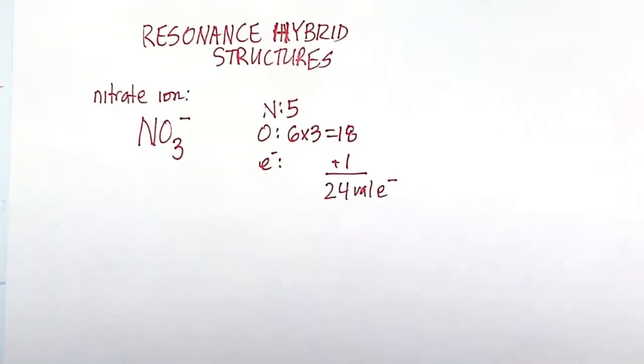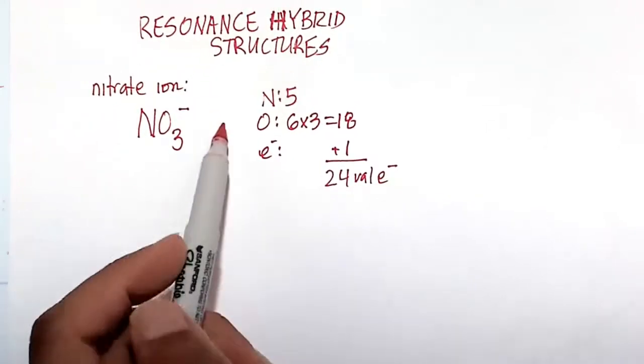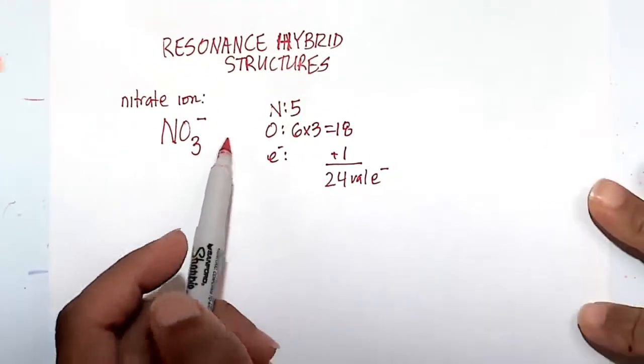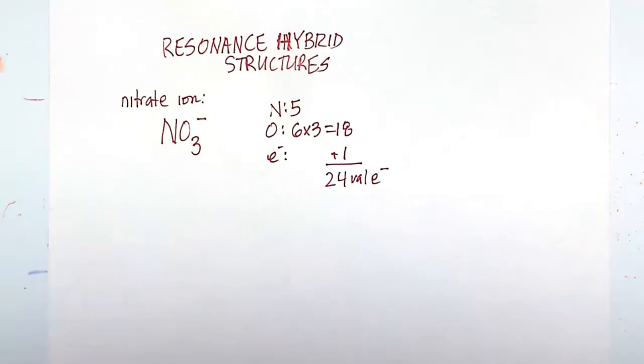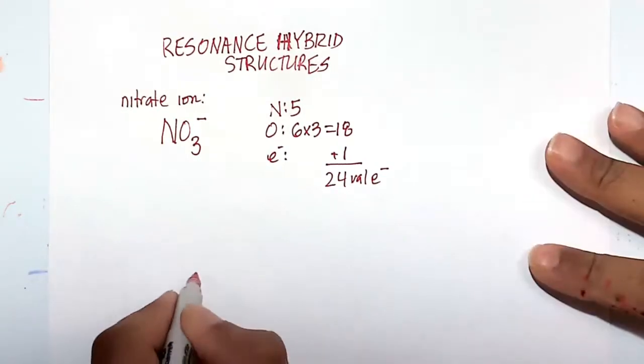So our goal here is to try to figure out how to get 24 valence electrons around the nitrate polyatomic ion. This is actually one of our first molecules that we did our flashcards under. Let's make nitrogen our central atom because we don't know which of the 3 oxygens is going to be central, so we'll make this very simple and have nitrogen as the central atom.